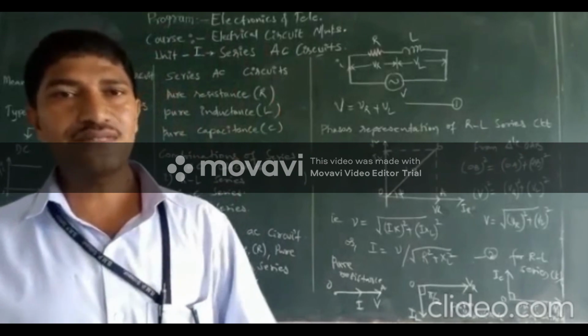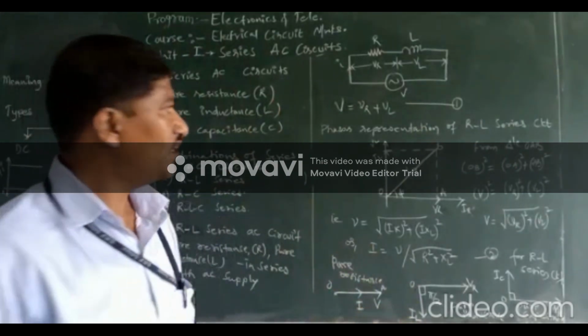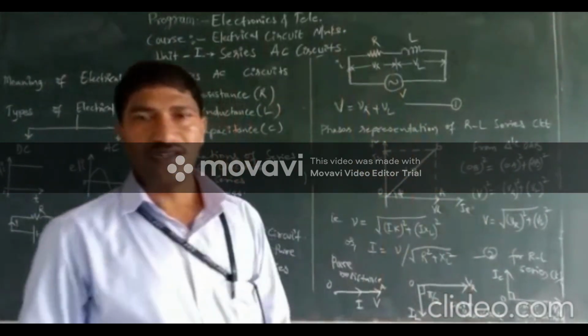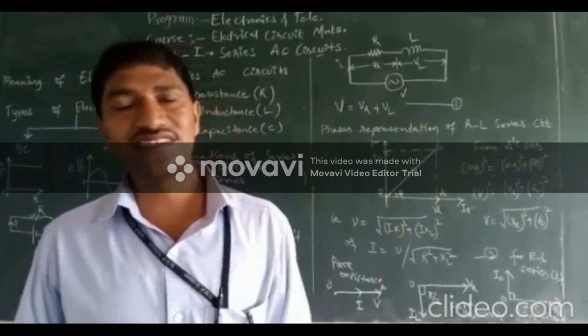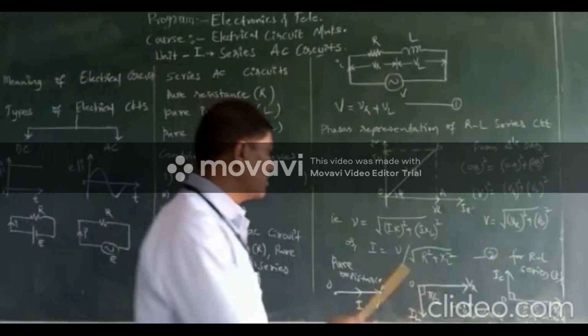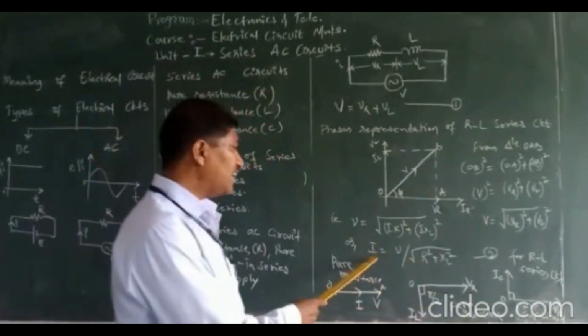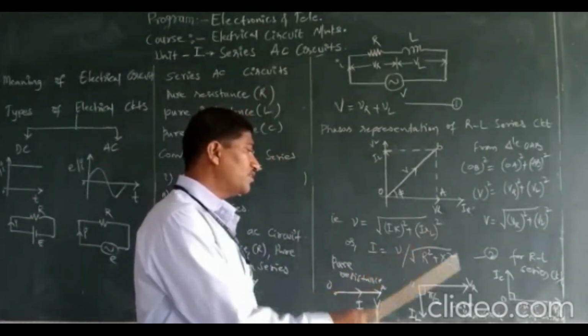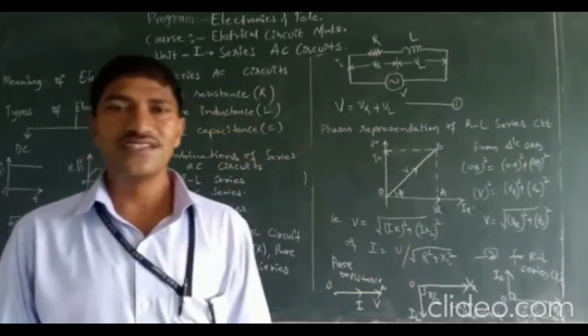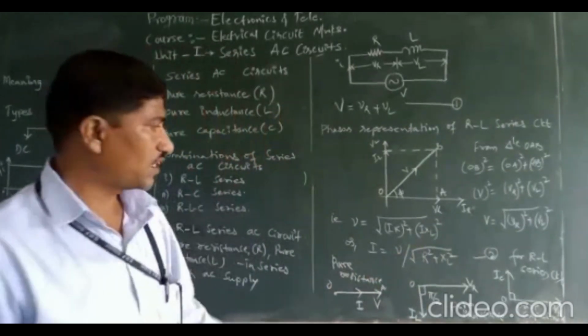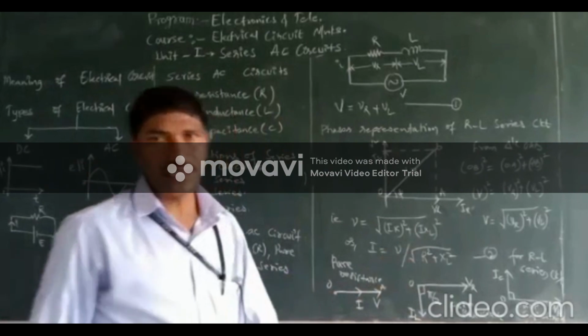This impedance is nothing but the total opposition offered in an AC circuit. Since we are considering an AC circuit, impedance has to be considered. We can further write I equals V upon Z, which is the final equation for the current in this circuit.